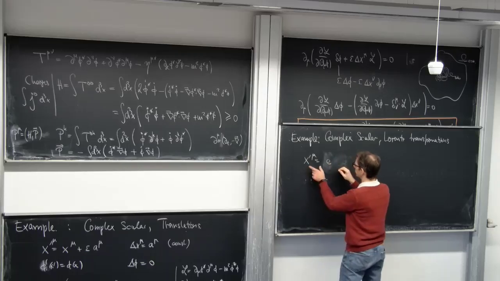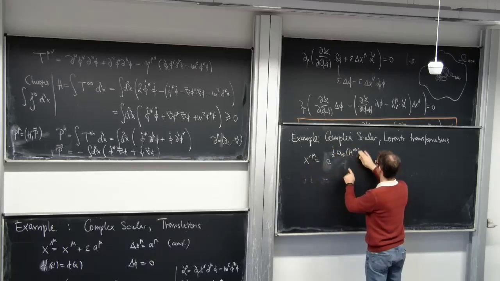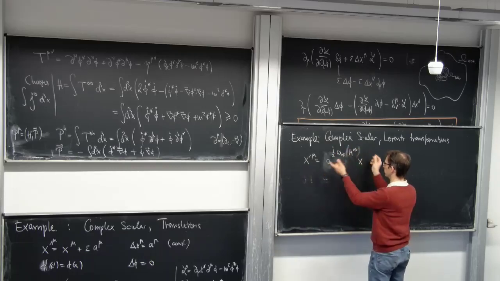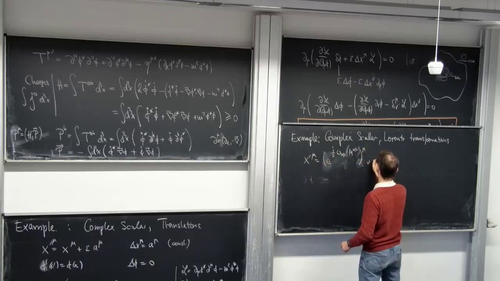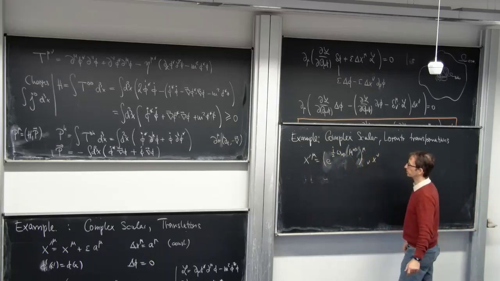So it's e to the i half omega_{alpha beta} M^{alpha beta}, and then acting on x, and the whole thing has index mu. That's now not a small transformation.